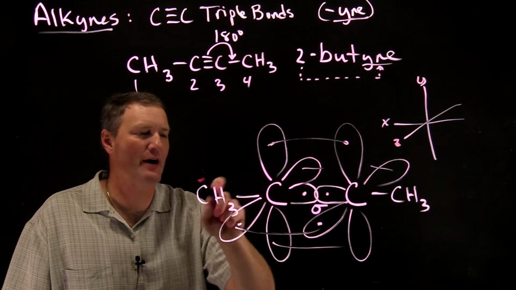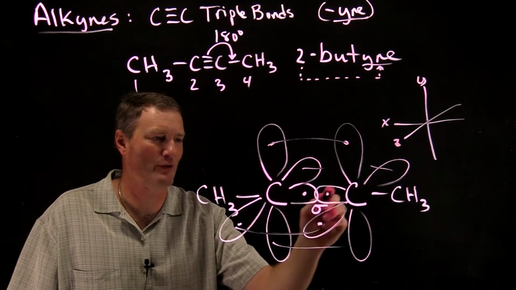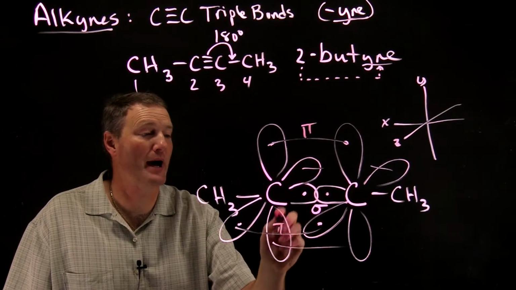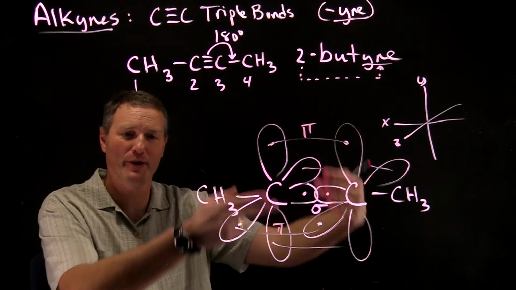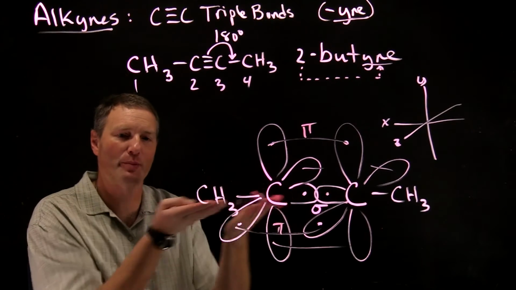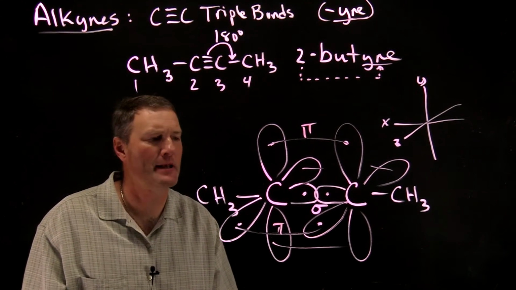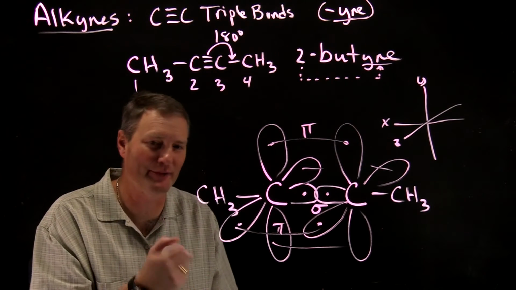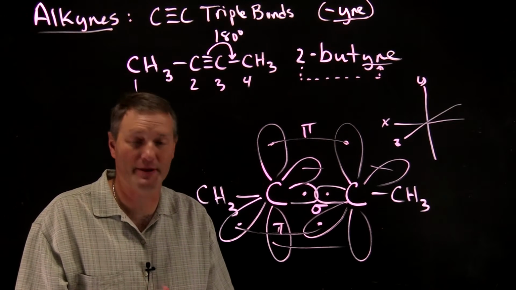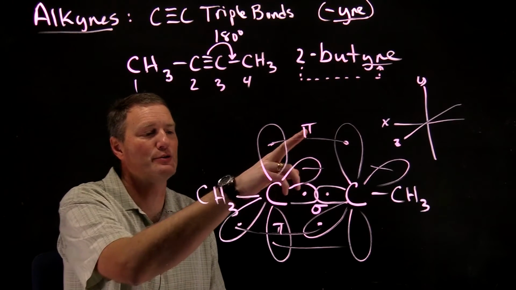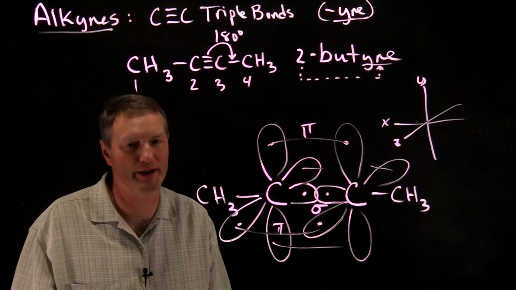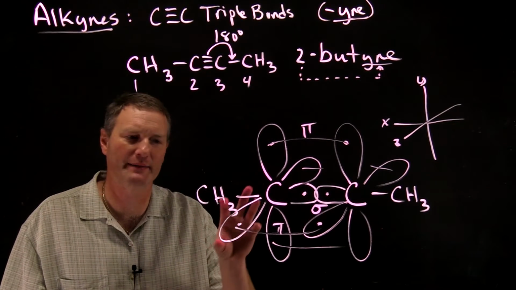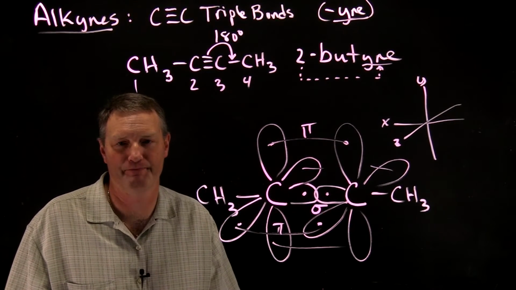So these carbons now have an axis that involves a sigma bond, and then 2 of these pi bonds, one in the plane of the board, and one that's orthogonal or perpendicular to the board, coming in and out. So in essence, these carbon-carbon triple bonds are twice as reactive, if you will, as a carbon-carbon double bond, because there are 2 sets of these pi electrons that are available for reactivity. So in the next section, let's take a look real briefly at the reactions that these can undergo.